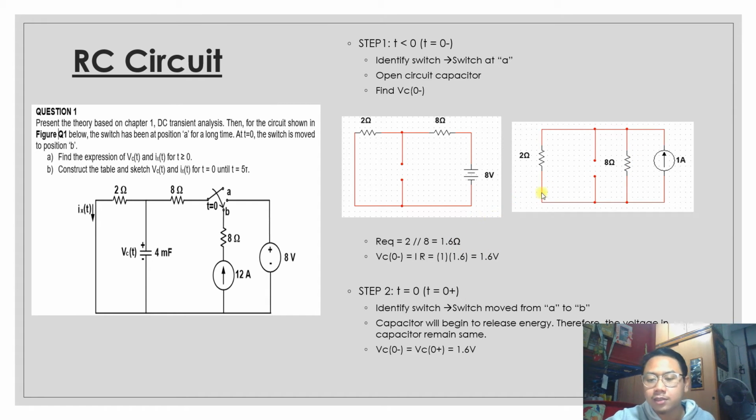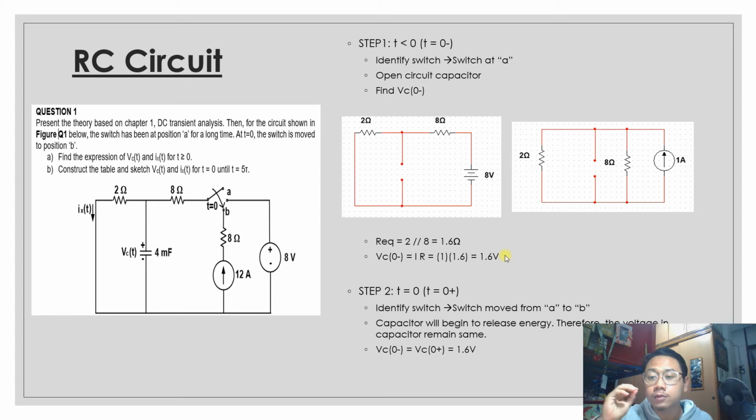To find VC0 negative, just use Ohm's law, V is equal to IR. The current I is equal to 1 ampere, and the value of the resistor, the R equivalent, is 1.6. Therefore, VC0 negative is equal to 1.6 volts.